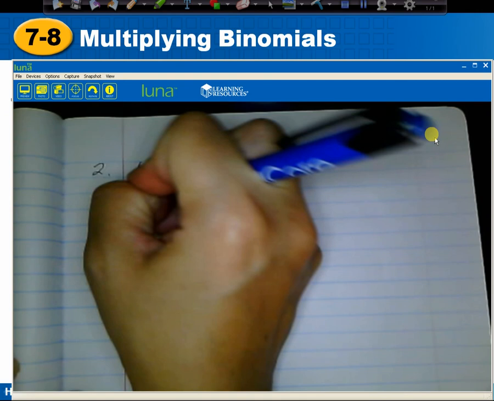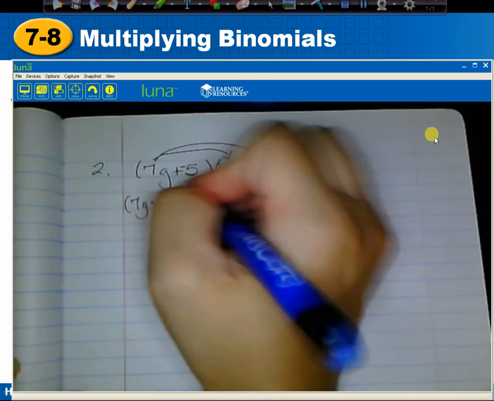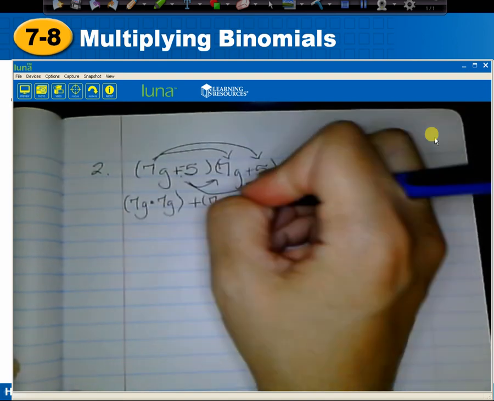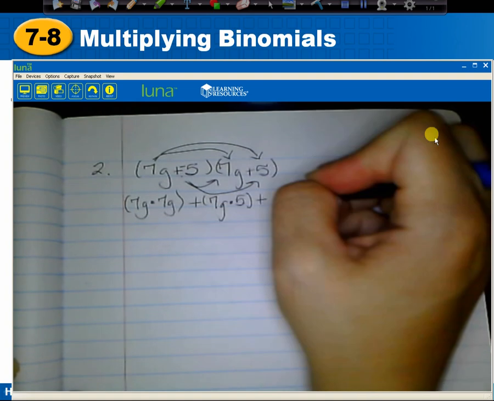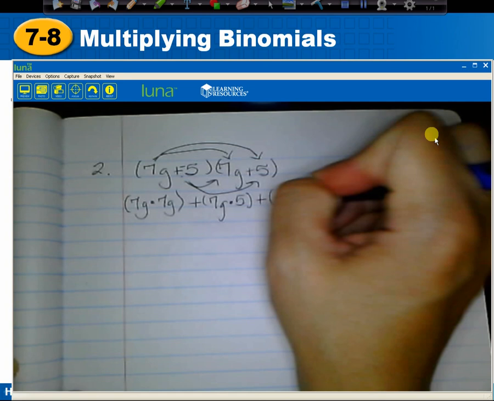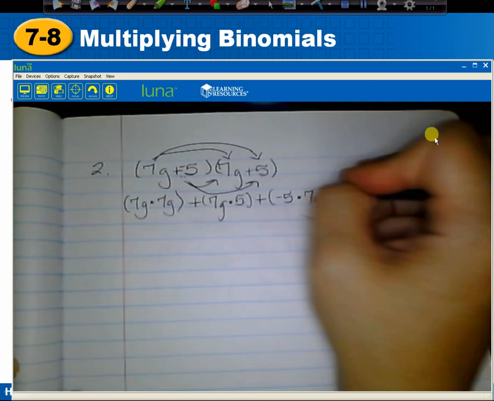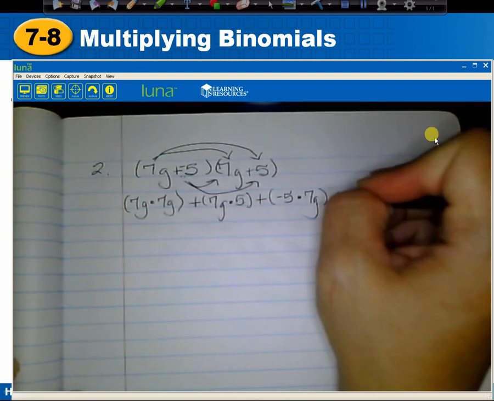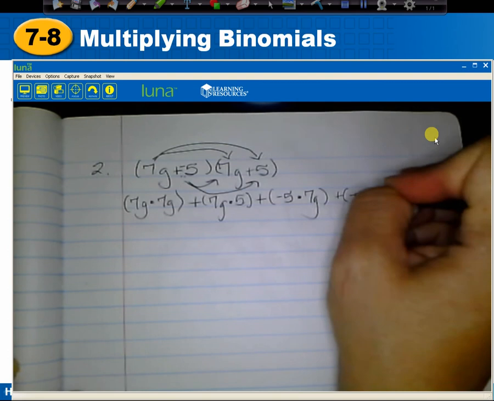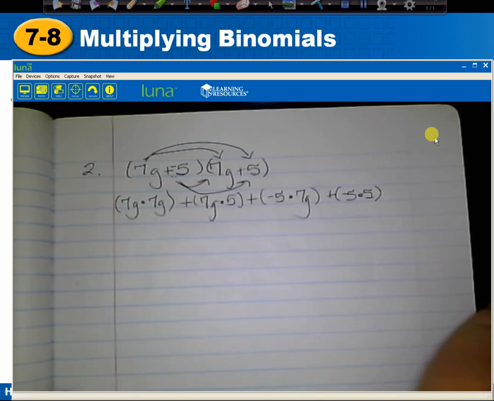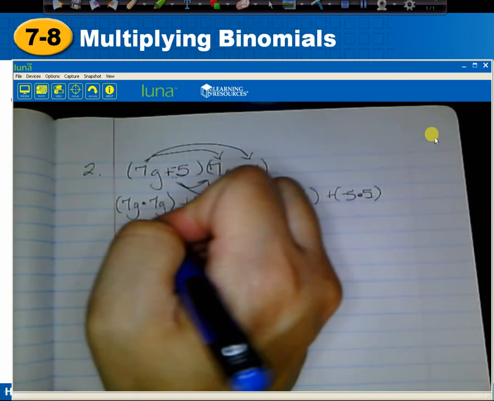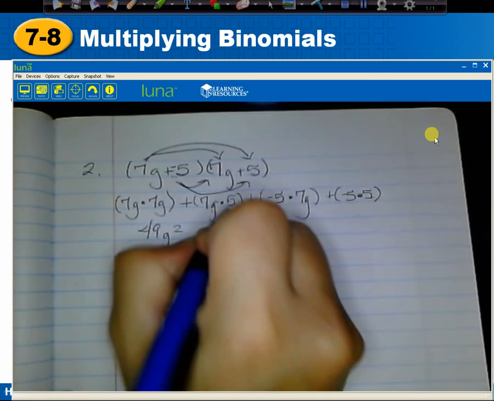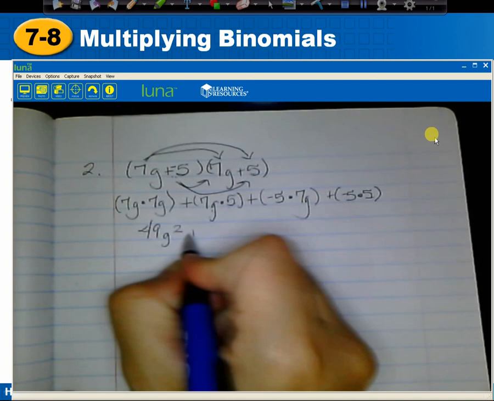7g times 7g plus 7g times 5 plus negative 5 times 7g and negative 5 times 5. 7g times 7g is going to give me 49g squared. 7g times 5 is going to give me 35g.